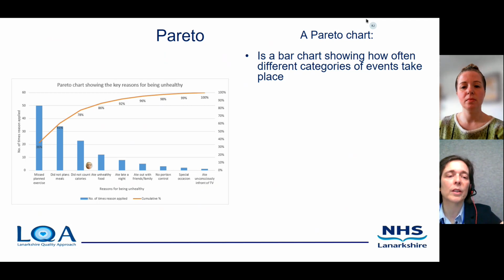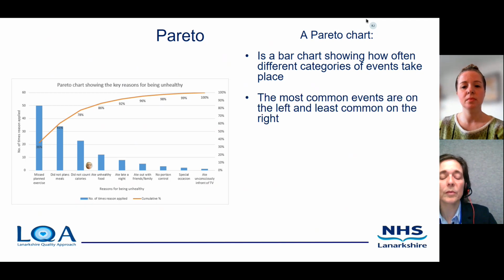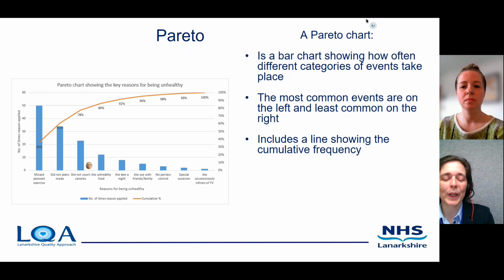So you've got that happening 36% of the time. And then you can say, well, my next biggest area is did not plan meals. As it said, the most common events are on the left, going to the right. So what you're wanting to do is use your 80-20 rule of focusing most of your energies on the things that cause the problems most of the time.